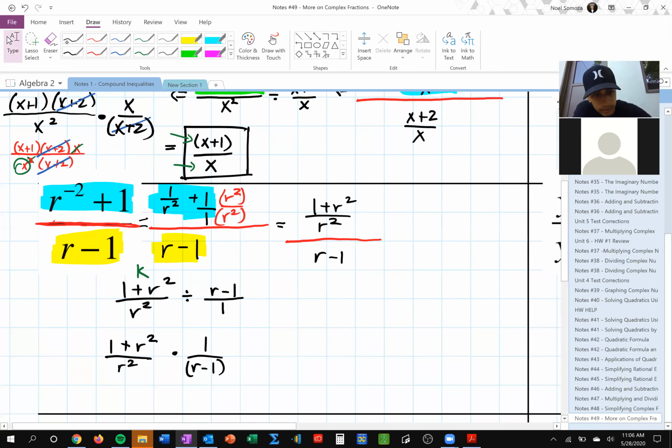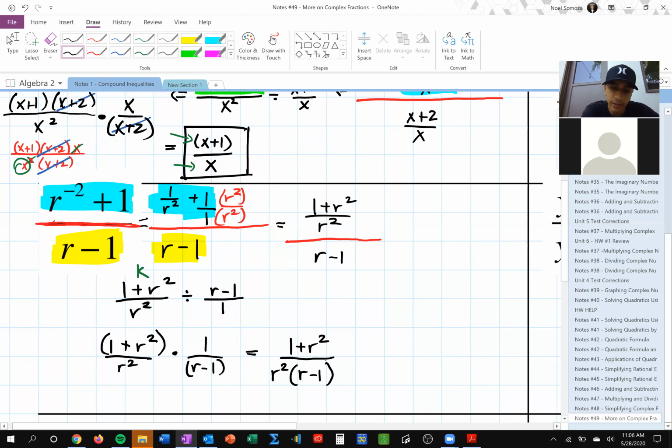Okay, so now if we multiply across, right, this again, that's a binomial. We want to keep that together. So we have 1 plus r squared times 1. Multiplying by 1 won't change it, so we keep it as 1 plus r squared, all over, in my denominator now, r squared times r minus 1.